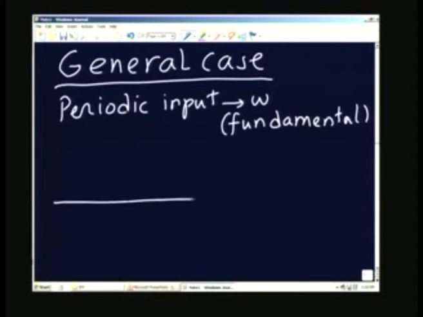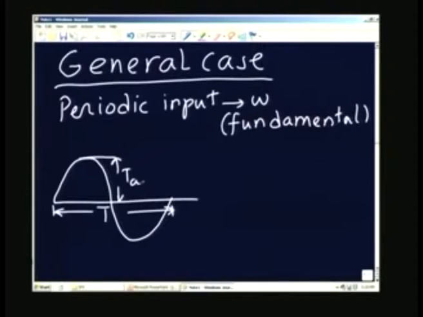That means that I have a wave varying like this, and this is the period of the wave, this is the amplitude, and this is a sin or cos omega t. The difference between sin and cos is that they are shifted with respect to each other by 90 degrees. That is it.